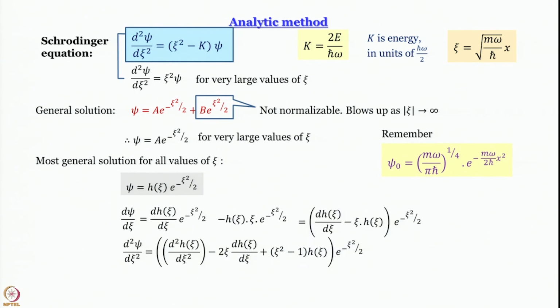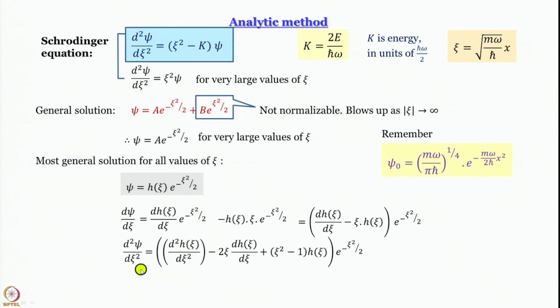What is the next step? The next step is to first write it a little cleanly. Let us take e to the power minus xi square by 2 common, and then we differentiate once again. I am not doing this step explicitly, I leave it for you to do.